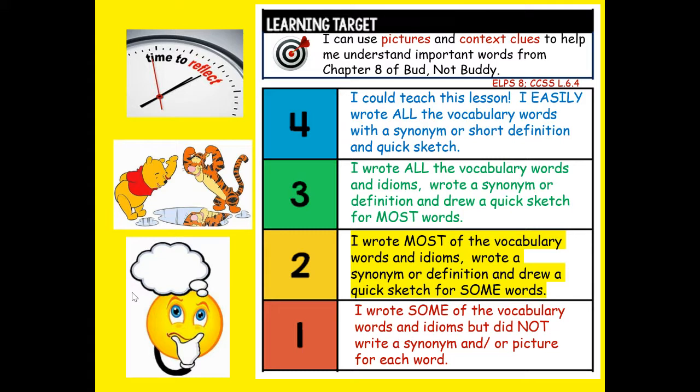Or 1, I wrote some of the vocabulary words and idioms, but did not write a synonym or a picture for each word. How do you think you did writing and illustrating the 5 words? 4, 3, 2, or 1. Write your reflection on the top.